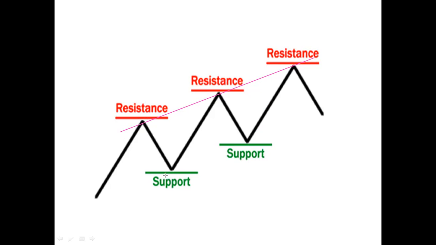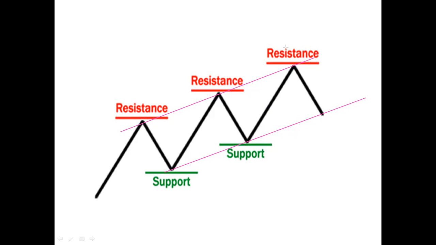The same way, if I draw a line to join the support levels here, then I can say that this is also a trend line. Do you understand? So joining the support levels with a parallel line is known as what? A trend line. And then joining the resistance levels with a parallel line is also known as what? A trend line. Is that okay?